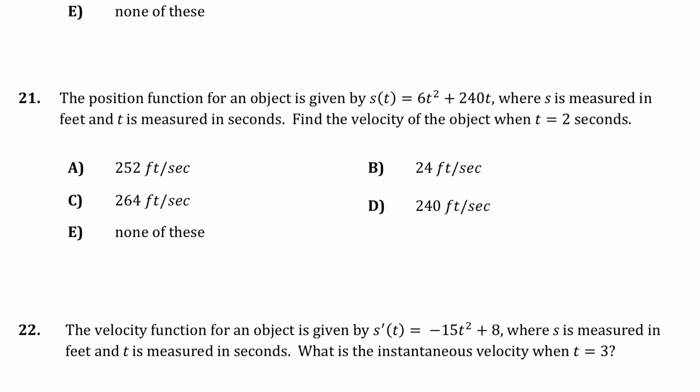That would be 12t plus 240. And then t is 2, so it's 12 times 2 plus 240, which is 24 plus 240, which is 264. And it looks like that's C.